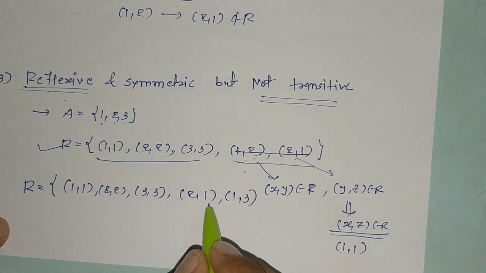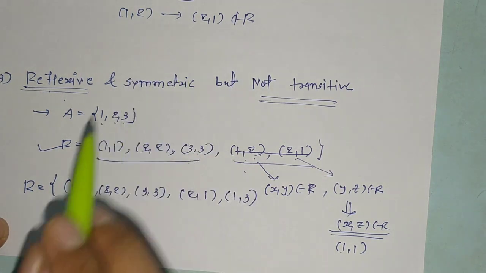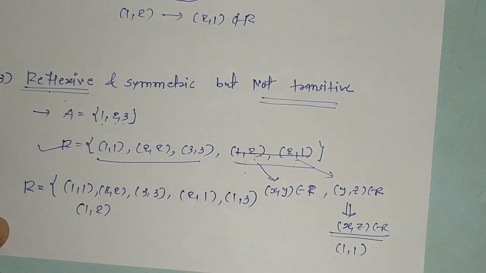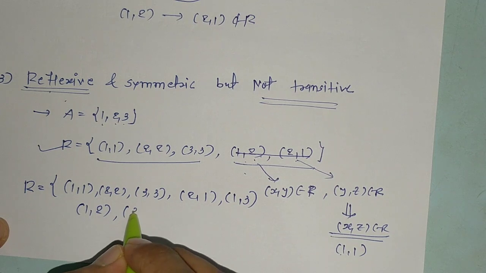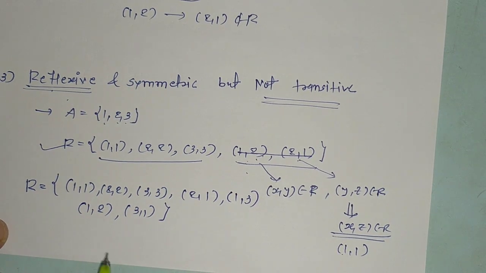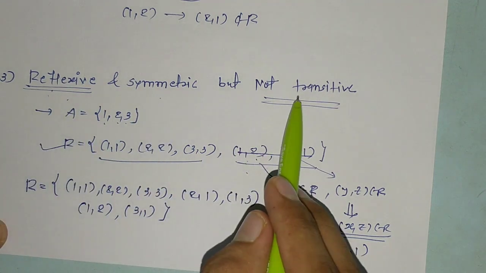We also have to prove this is a symmetric relation, so 1 comma 2 must be there and 3 comma 1 must be there. This completes the relation. Now check that this is reflexive, symmetric and not transitive.